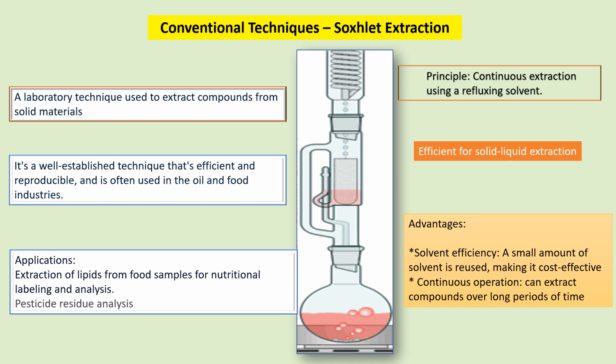The second one is Soxhlet extraction. This is a laboratory technique used to extract compounds from solid materials. It works on the principle of a continuous extraction using a refluxing solvent. This is a well-established technique that is efficient and reproducible and is often used in oil and food industries.